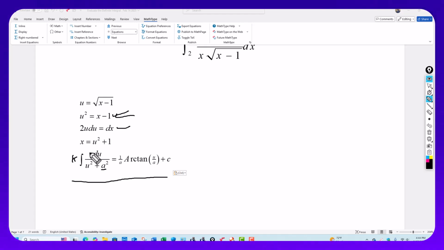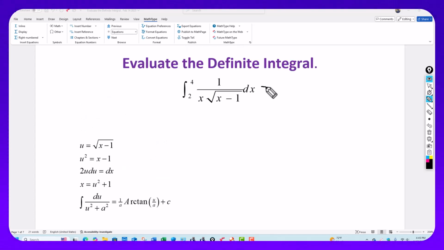So if you have a 4 or a 3 here, you can bring it out, and it's still going to give you this answer, and then you just multiply the final answer by whatever that constant is. So in this format, it's 1 over a arctan u over a. Remember, this is the same thing as tangent inverse of the angle.